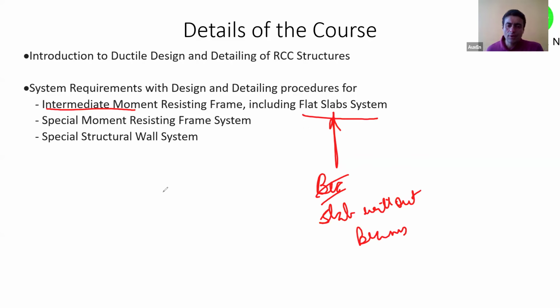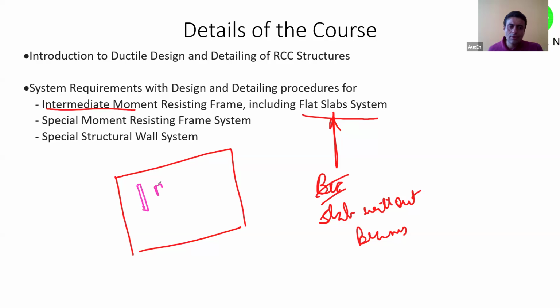I don't know if you're aware of this or not. How many of you are aware? As per the Indian standard 13920 requirement, if you're having flat slabs, the lateral load carrying element has to be an RCC structural wall or a shear wall. Okay, that is the requirement of the code right now, the Indian code.